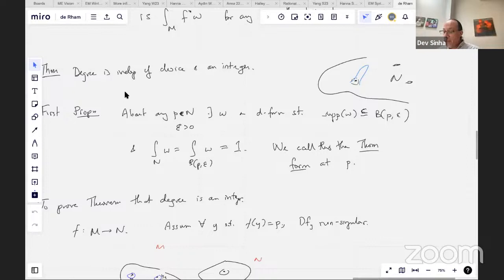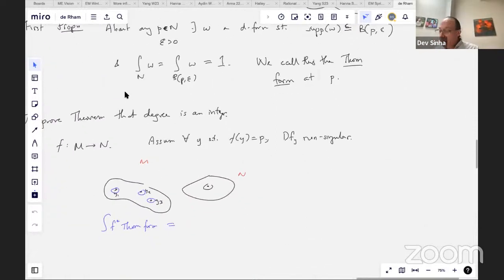And then my integral of f upper star of this top form is just going to be a sum of plus or minus one at each point yi, so that f of yi equals P.